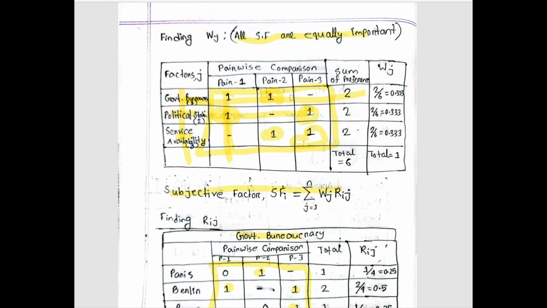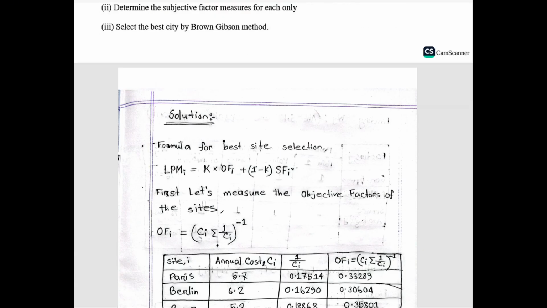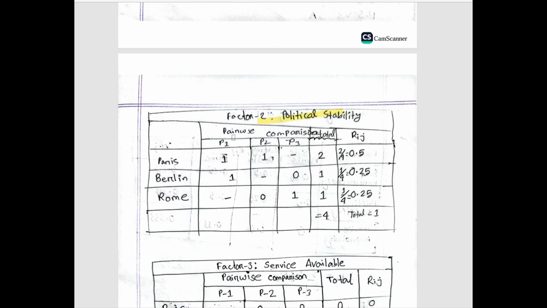And the same goes for political stability. We will take this table also. Same, we will take the table, calculate the total number of 1s, it is 4, and calculate the total number of 1s in the first row, it is 2 by 4.